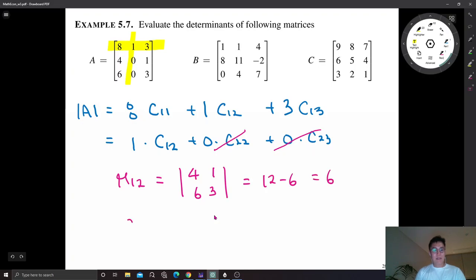The cofactor C sub 1, 2 is the signed minor, so negative 1 to the power 1 plus 2, an odd number, gives us a negative sign times the minor M sub 1, 2, so negative 6. After substitution, we can compute the determinant of matrix A, that is negative 6.